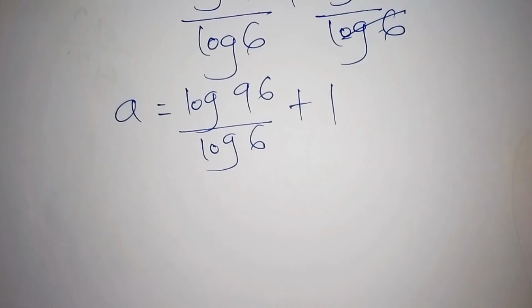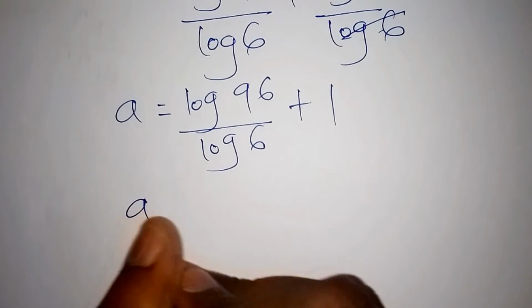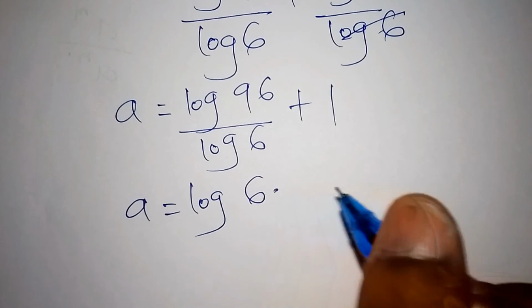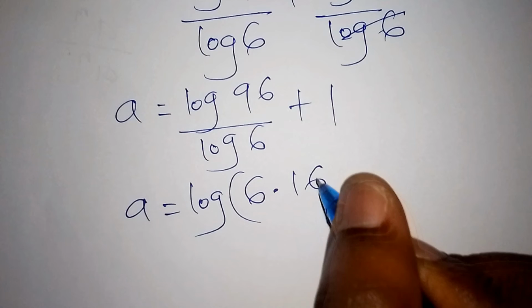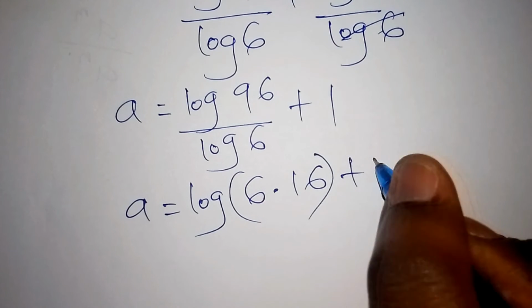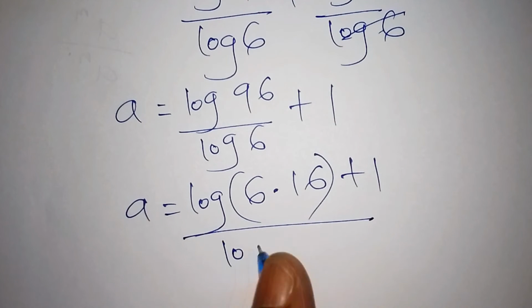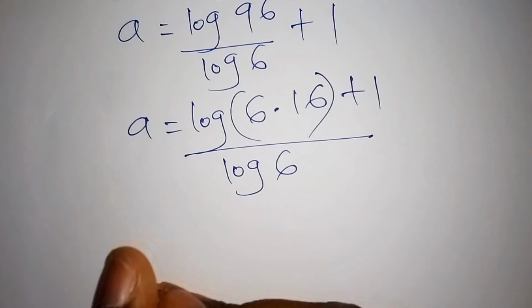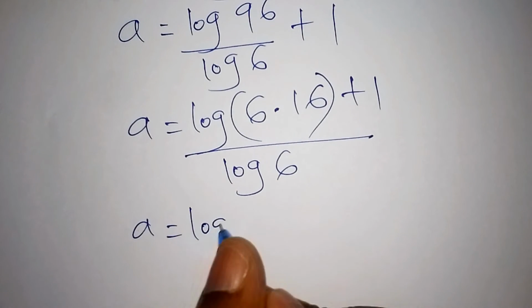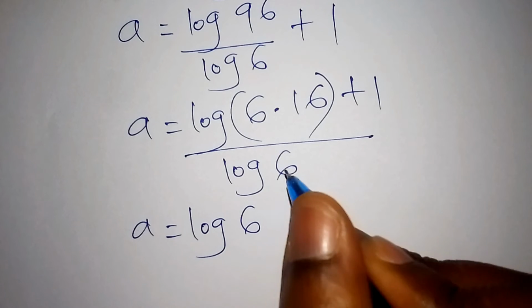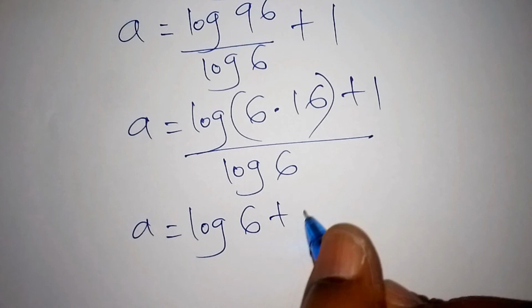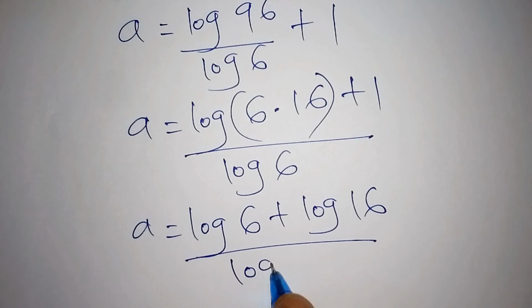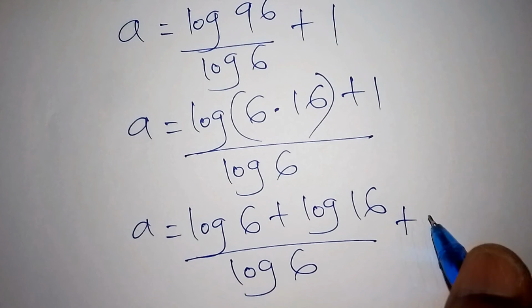The next one, we shall say that our value for a is equal to the log of 96, which can also be written as 6 multiplied by 16, we close the bracket, plus 1, all over the log of 6. So here a is equal to the log of 6, then because it's a multiplication we shall also have plus the log of 16, all over the log of 6, then plus 1.